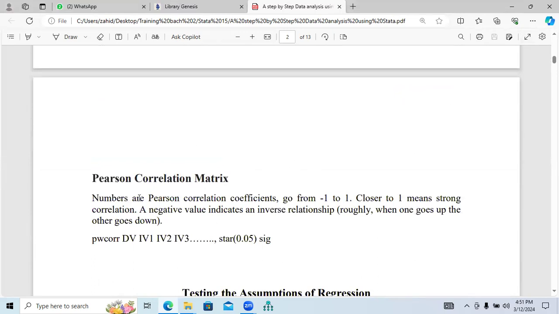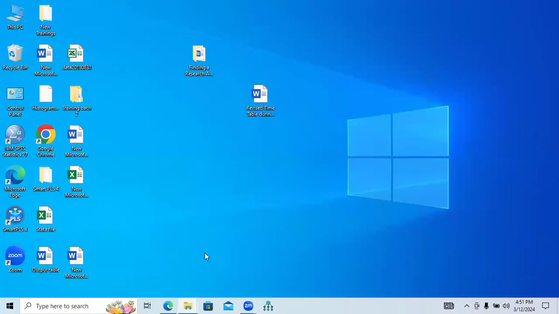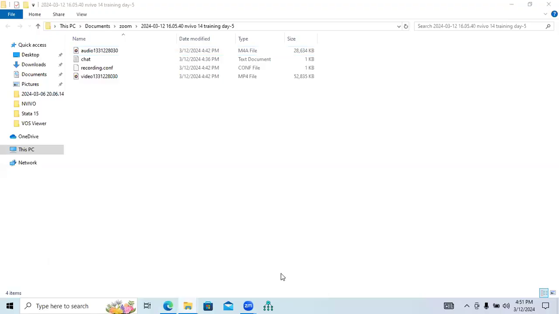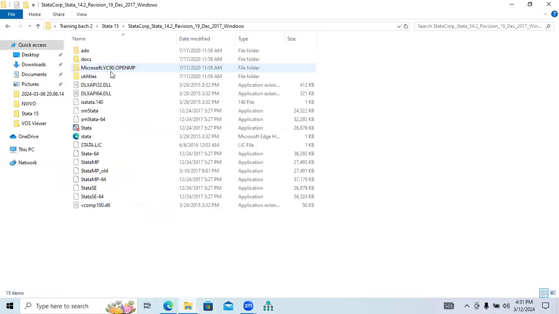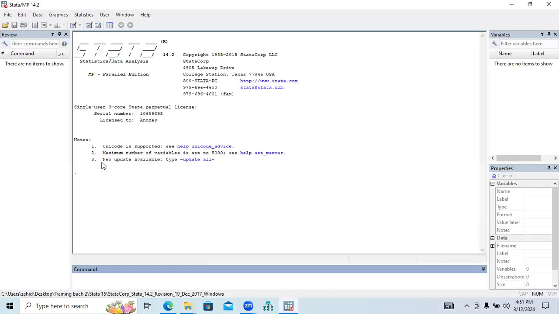So today we are going to discuss the Pearson correlation first. So let me open my Stata file. So this is where we want to run the Stata.